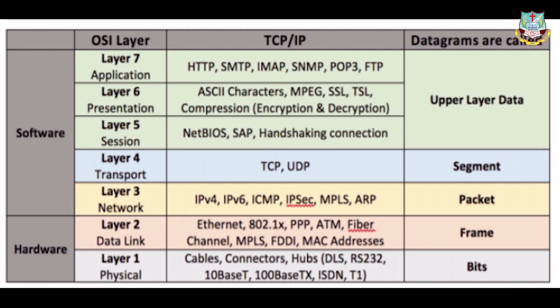This acts as the user interface platform which comes with the software within the system. So these are the seven layers: physical layer, data link layer, network layer, transport layer, session layer, presentation layer, application layer. Are you clear about these OSI layers?